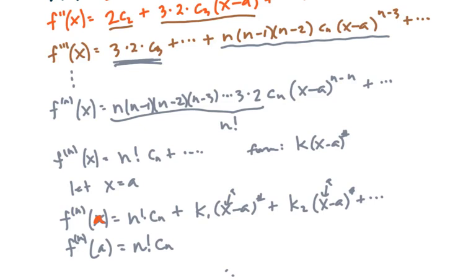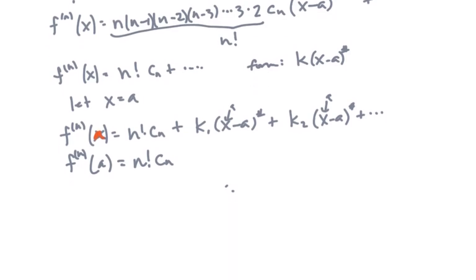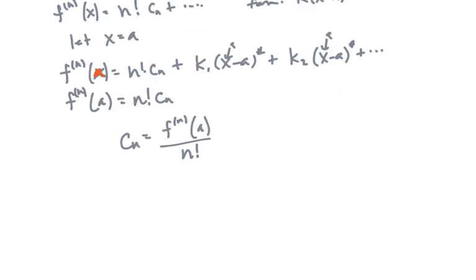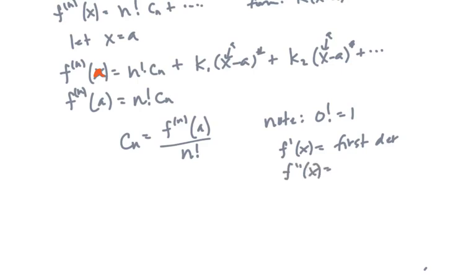So that leads us into the fact that we can now solve for c sub n. So c sub n equals the nth derivative of f at a all over n factorial. Now, a couple notes to remember is 0 factorial is always defined as the number 1. That's true. And think about this. f prime of x means the first derivative, and f double prime of x means the second derivative, and it's read as such.